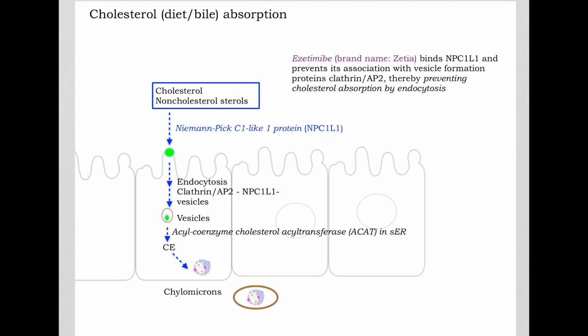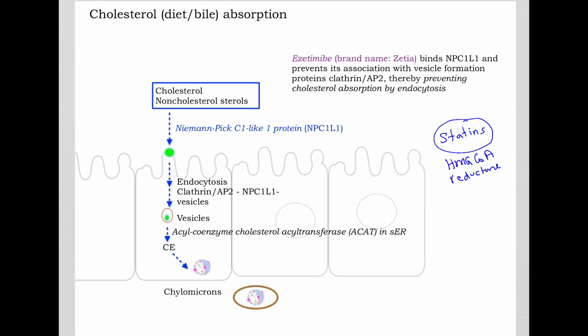So in a previous video on cholesterol synthesis, we saw how the drugs called statins could inhibit cholesterol synthesis by inhibiting the enzyme HMG-CoA reductase that controls cholesterol synthesis.